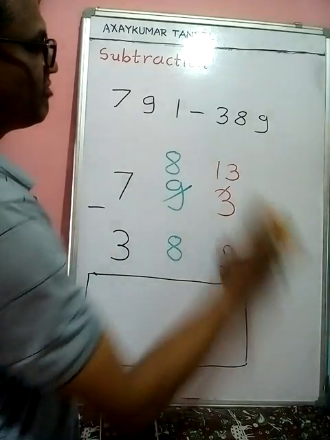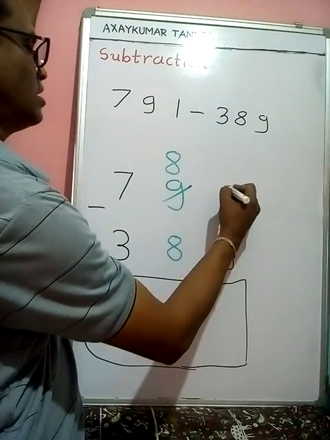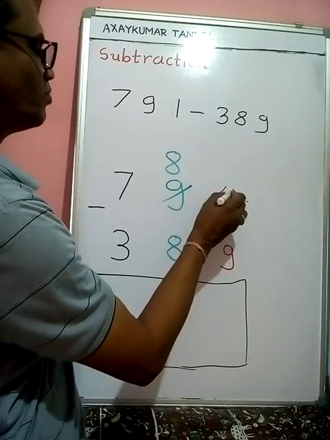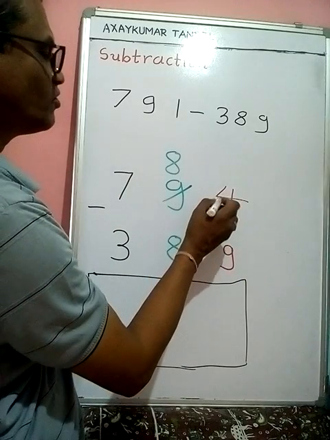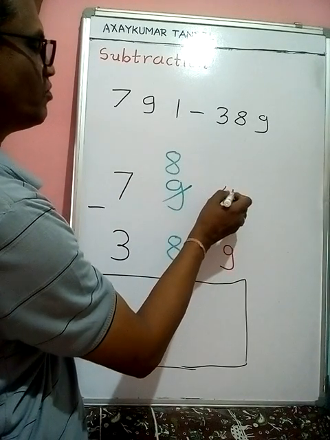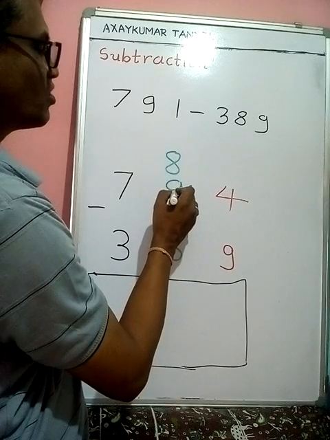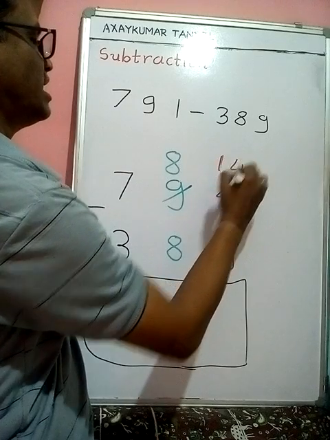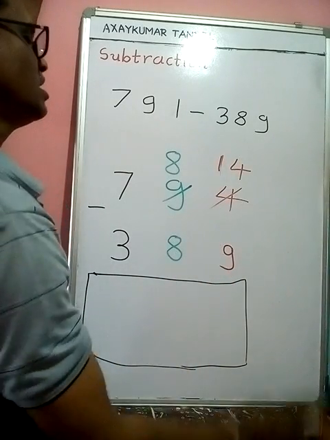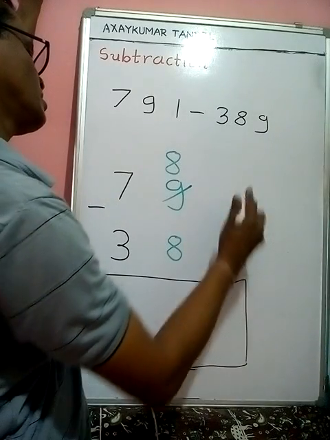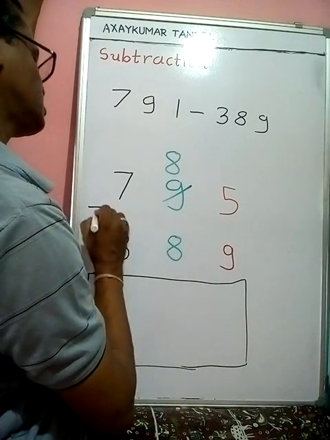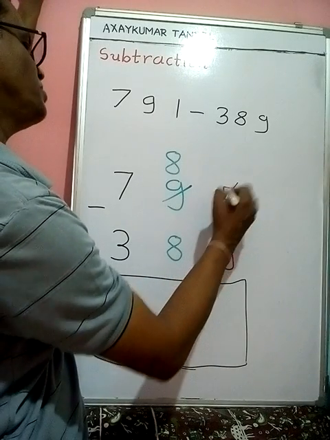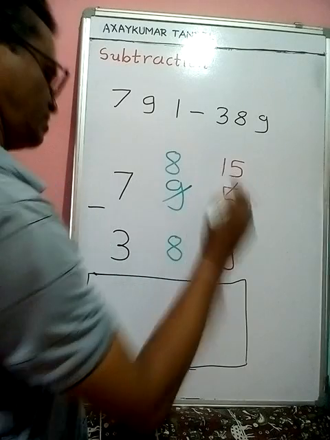If here 4, 9 cannot subtract from 4 because 9 is greater than 4. If here 4, it borrows 1 ten from 9, so 4 becomes 14. 10 plus 4 is equal to 14. If here 5, 9 cannot subtract from 5, so 5 borrows 1 ten from 9, so 5 becomes 15. 10 plus 5 is equal to 15.